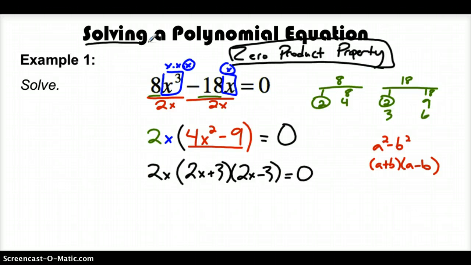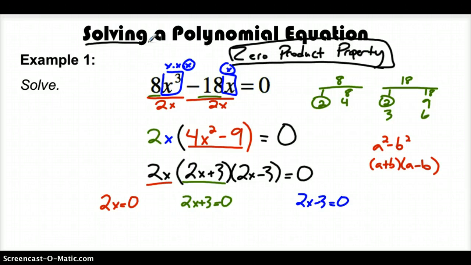Now in this case we have 3 separate things that we have to set equal to 0 when we solve. I set 2x equal to 0, I also set 2x plus 3 equal to 0 and solve, and finally I set 2x minus 3 equal to 0 and solve. When I set 2x equal to 0, I divide both sides by 2 and get x equals 0.